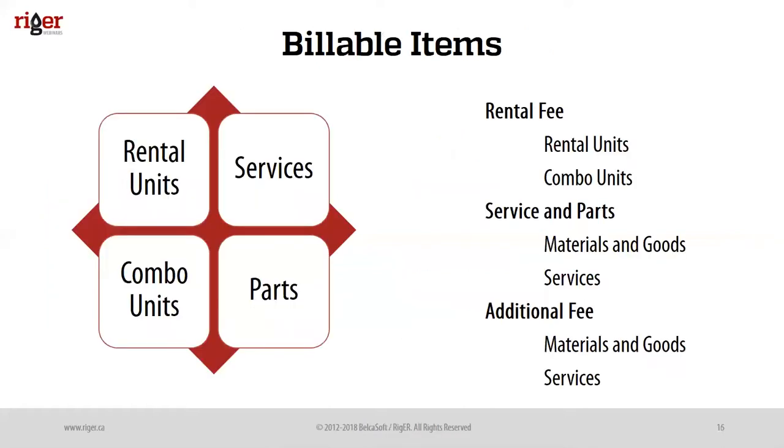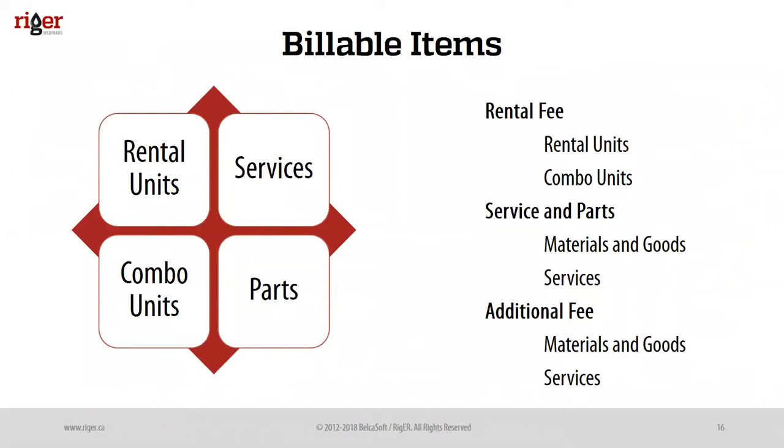So we have 4 major categories in RigER, which you can see in the final invoice: rental units, combo units, service, and parts. Sometimes they are called consumables, sometimes materials and goods, whatever.